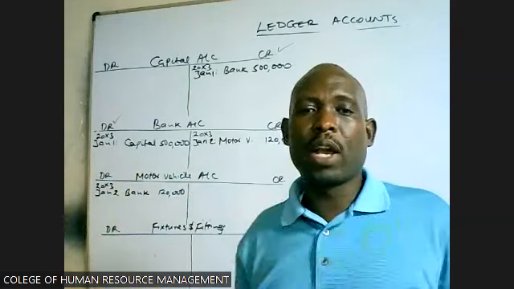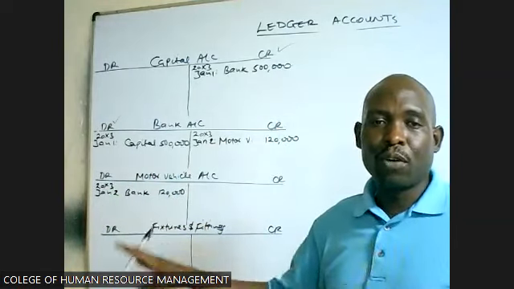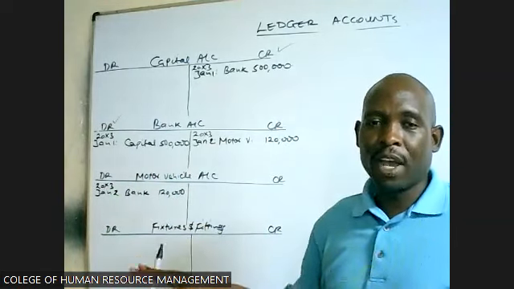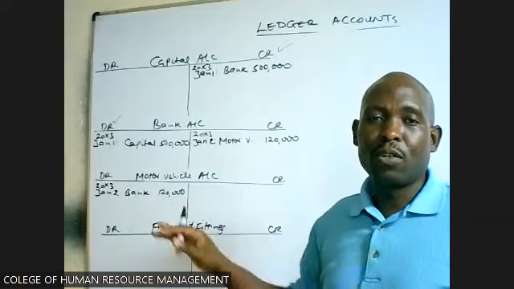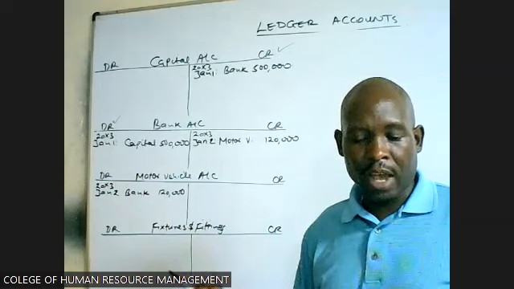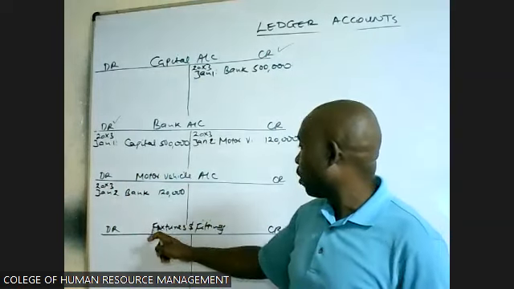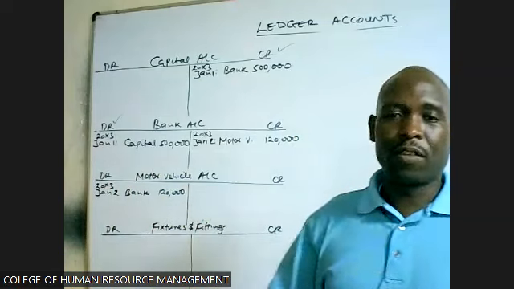We don't have a common account for all of them. We normally maintain different accounts for each fixed asset. We have motor vehicle account, buildings account, fixtures account, computer account, every fixed asset by its own account. So we bought fixtures and fittings, we debit fixtures and fittings.